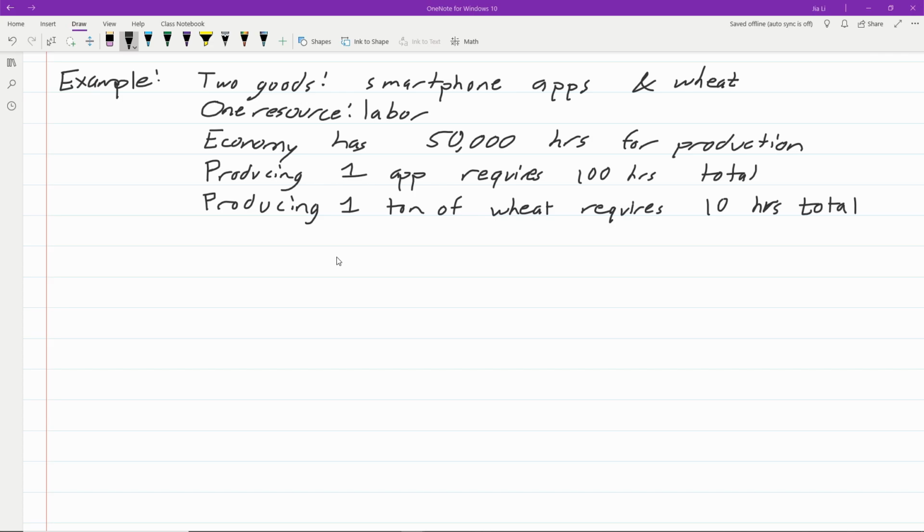Just like in our budget constraint, what we started with was calculating, well, what if Carol spent her entire budget on copy paper? And what if she spent her entire budget on sticky notes? How much of each could she buy in those two cases? Same thing here.